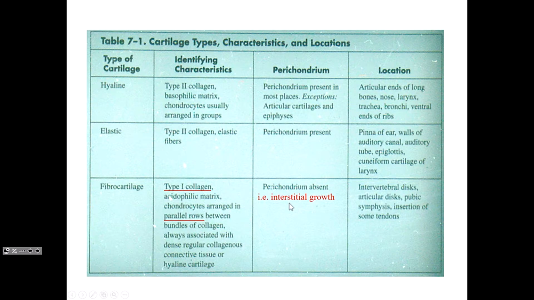And because there is no perichondrium in fibrocartilage, it has to form by interstitial mitosis. Fibrocartilage is restricted to just a few locations of the body, such as the intervertebral discs and some other regions of the body.